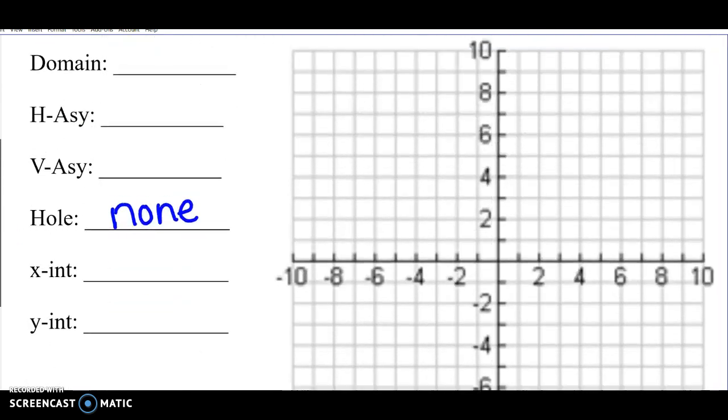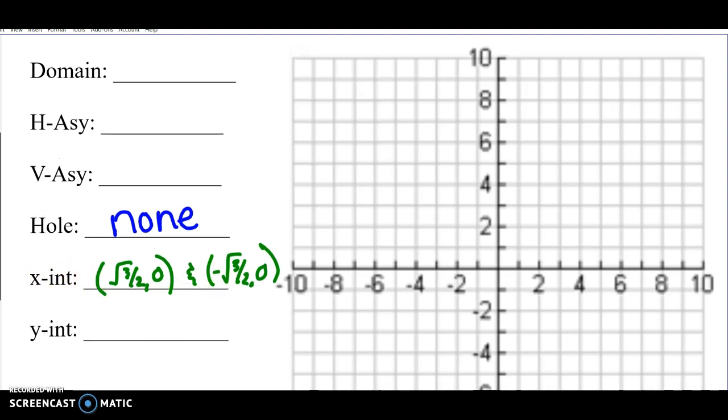You do not have to. We've talked about that before. So I have two x-intercepts: the square root of 3/2, comma 0, and negative square root of 3/2, comma 0. I put the word "and" in there because sometimes when you don't, students will think I'm making an interval, but remember they're ordered pairs.